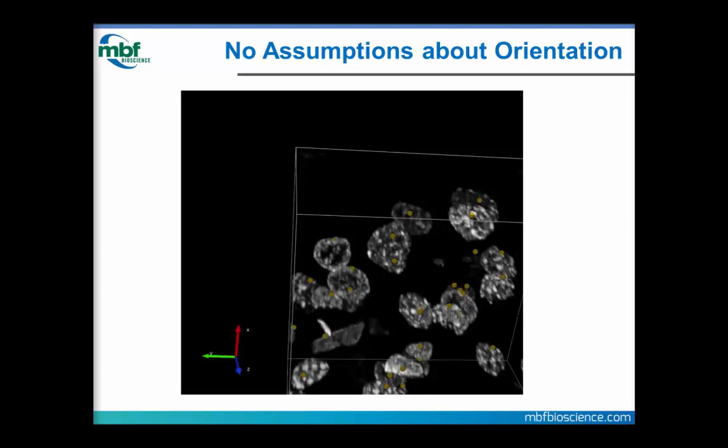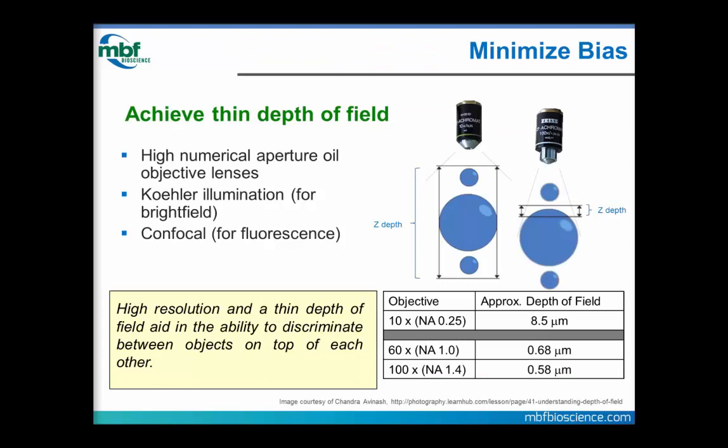So how can we manage to minimize bias this way? Well, we need to have thin focal planes. So this shows an objective which is 10 times with a 0.25 numerical aperture, and we have a wide Z plane. We may not even be able to tell one cell apart from the other, let alone optically dissect the top of the cell.